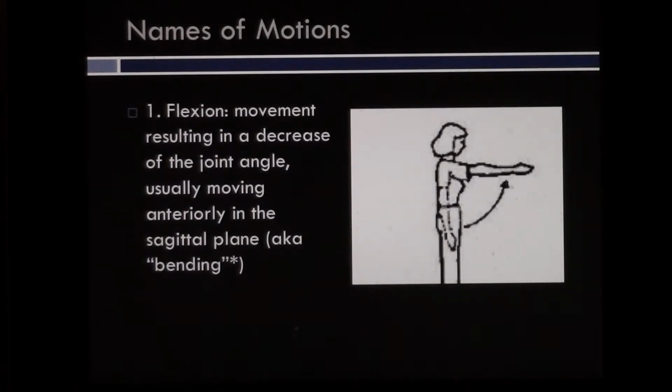Usually we can use the word bending to describe flexion. For example, you probably know what it is to flex your elbow. That would be to bend your elbow. If you picture her elbow staying by her side, she just moves her hand forward. Same thing: movement resulting in a decrease of the joint angle. Now we'd be looking at the elbow instead of the shoulder.